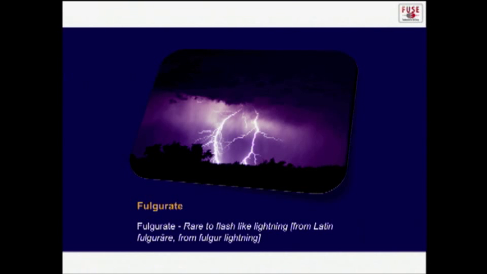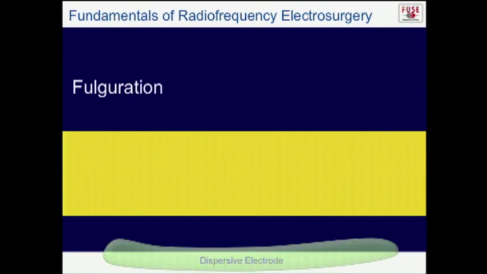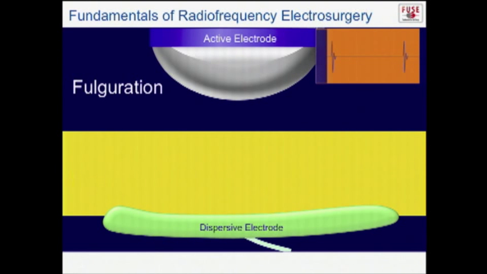Well, our final area is fulguration, and fulgurate is from the fulgur, lightning. So you know this, you get this high voltage, intermittent bursts going from the electrode to the tissue, and this is sort of a graphical depiction of what it looks like. Arcing to the tissue, this is what we want to do, and it's really self-limited.